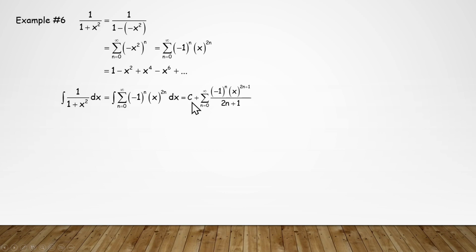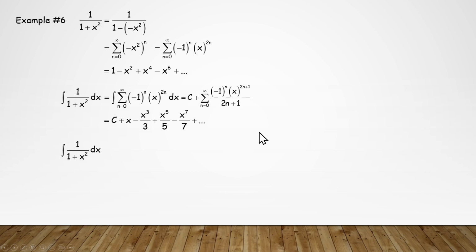Don't forget to include the plus constant, which we don't really know, hence why we call it plus c. If we then work out that term, you'll now note that we can write this as c plus x minus x cubed over 3 plus x to the fifth over 5 minus x to the seventh over 7, which is exactly what it would be if I had anti-differentiated each of the individual terms above.